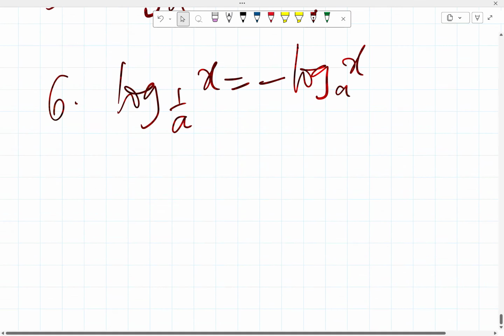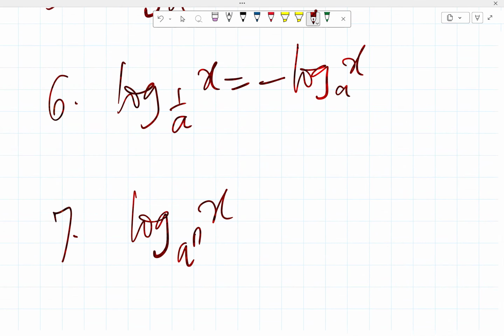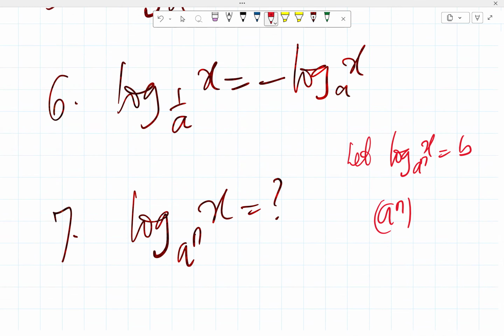So what then happens if you have log x to base, say, a raised power n? What do you have in that case? Again, we go on the same kind of journey. Let log base a raised power n be equal to b. So that means we have a raised power n raised power b is equal to x.